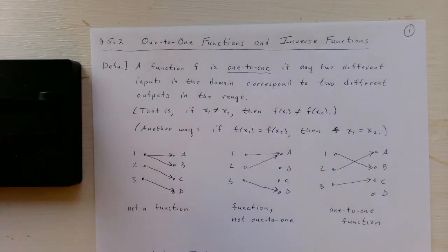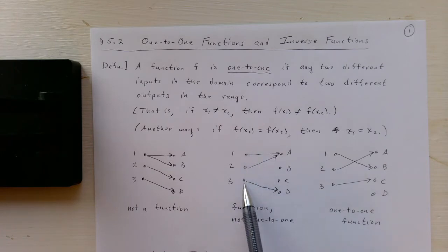So let's look at some examples. If we have a relationship between the set 1, 2, 3 and the set A, B, C, D, this first illustration is not a function at all, because the input 1 has two different outputs. This second illustration is a function.